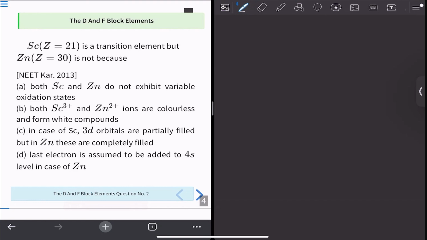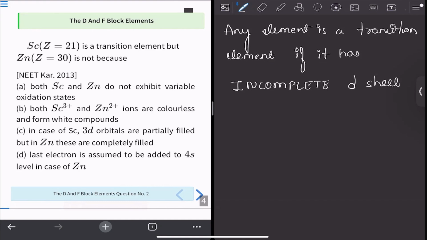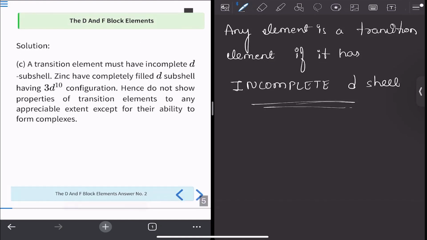Because if we want to say any element is a transition element, it should have an incomplete d subshell.